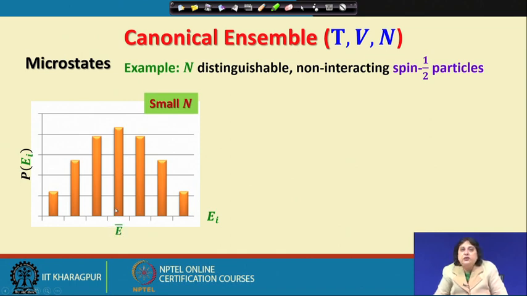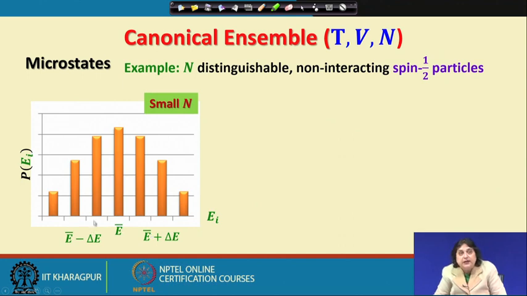So, once again you get a peak, the maximum number of microscopic states is associated with the average value, but as you can see, there are a substantial number of energy states associated with the energy values such as E plus delta E and E minus delta E.